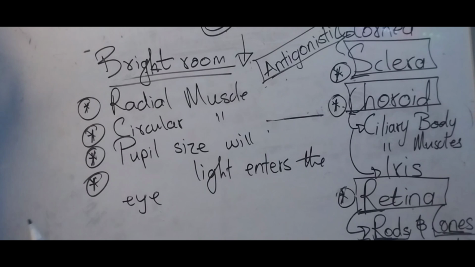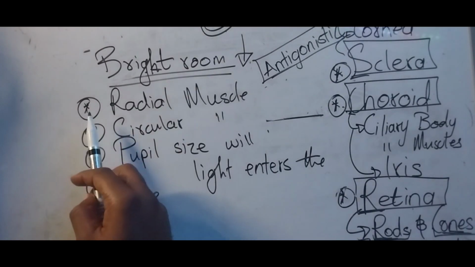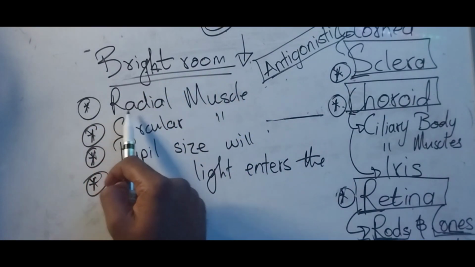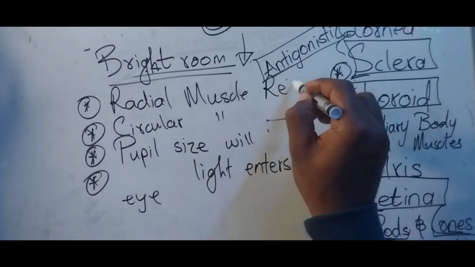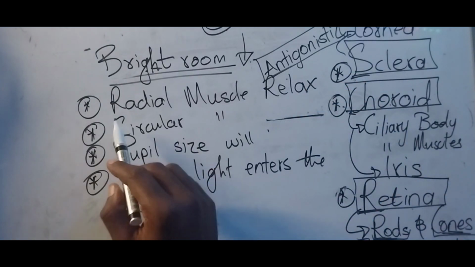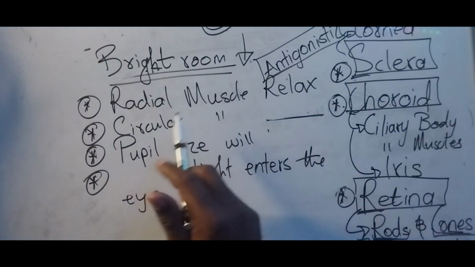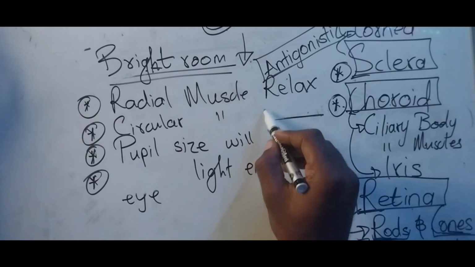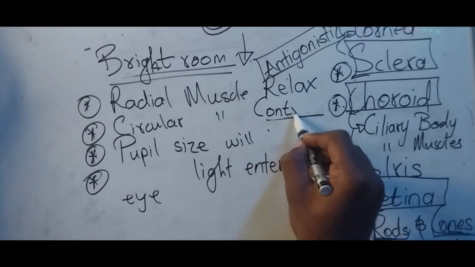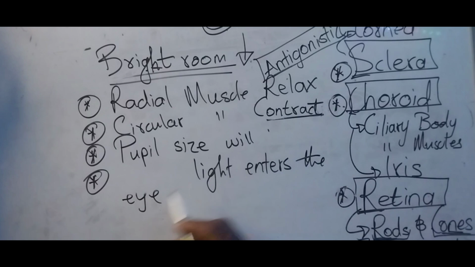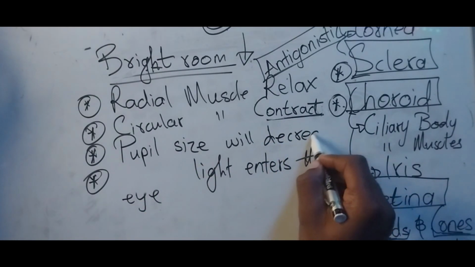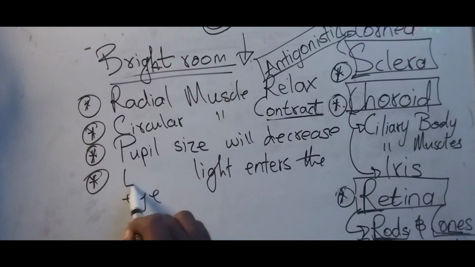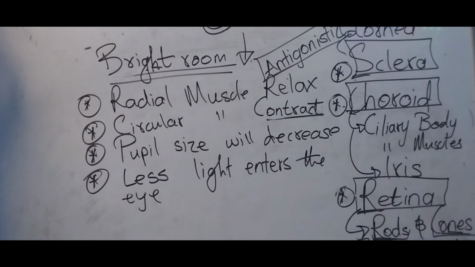What do I mean by that? I mean the first thing that is going to happen when we're in a bright room, the radial muscle is going to relax. Okay, and as this radial muscle relaxes, the circular muscles are going to contract. Simple, ne? And now the pupil size will decrease, which means less light enters the eye.